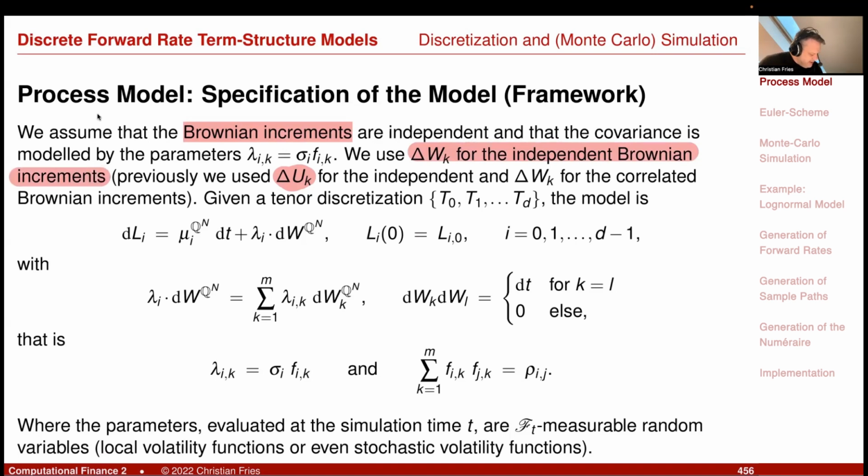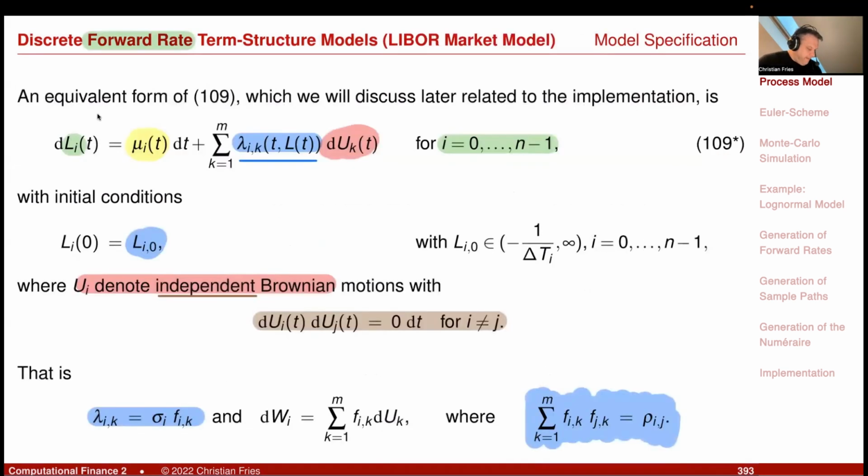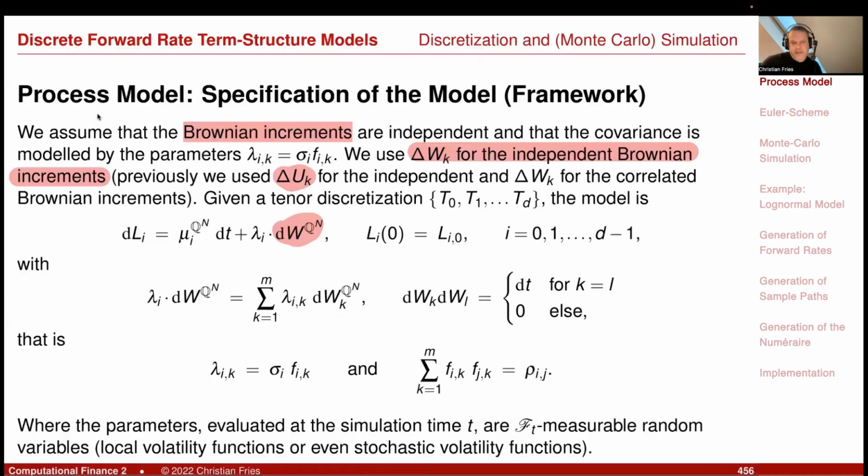So my model is dL_i = mu_i dt + lambda_i dW. And note that here I dropped the sum. Previously I had the sum over k from 1 to m of lambda_ik dU_k.